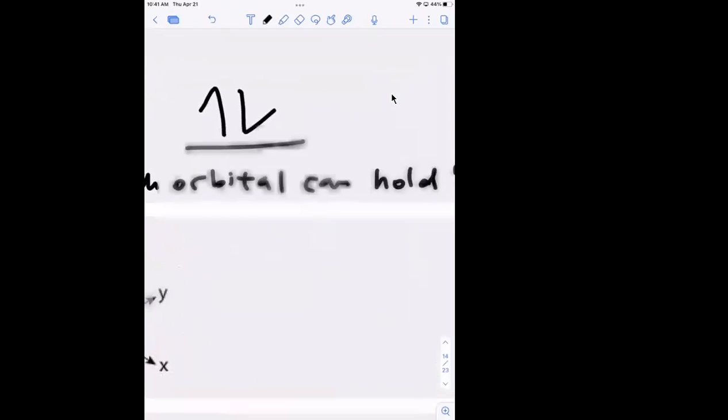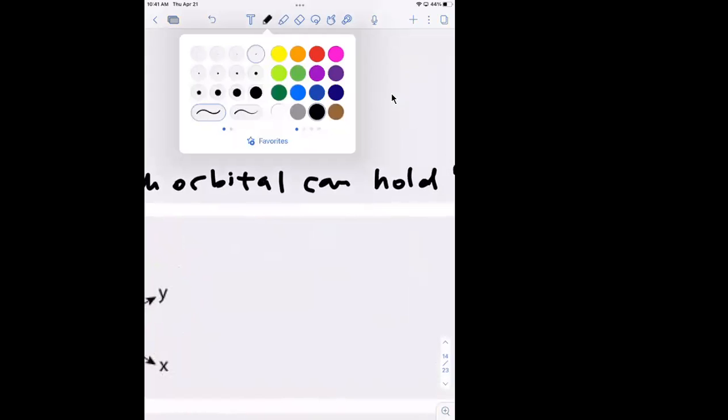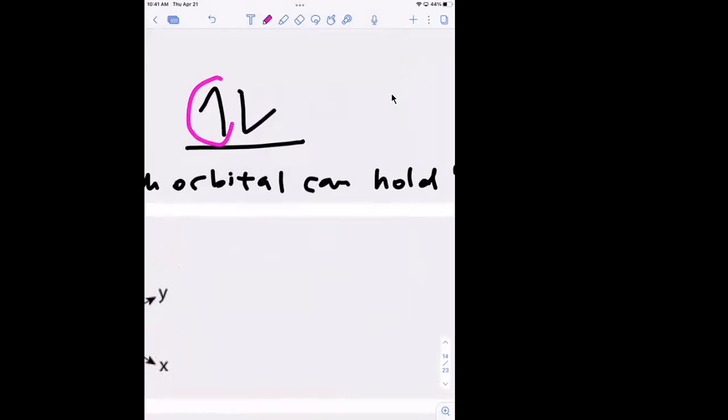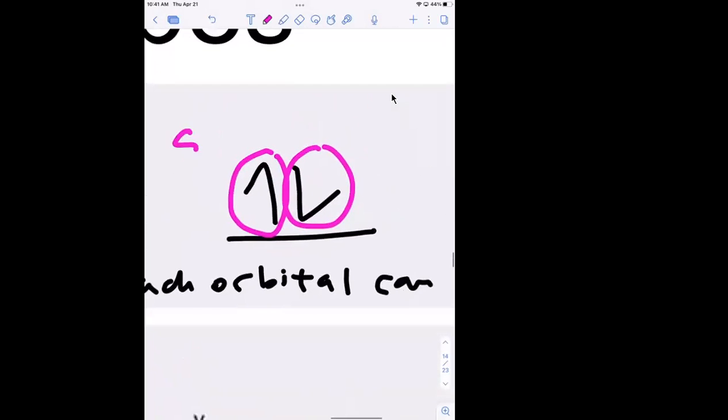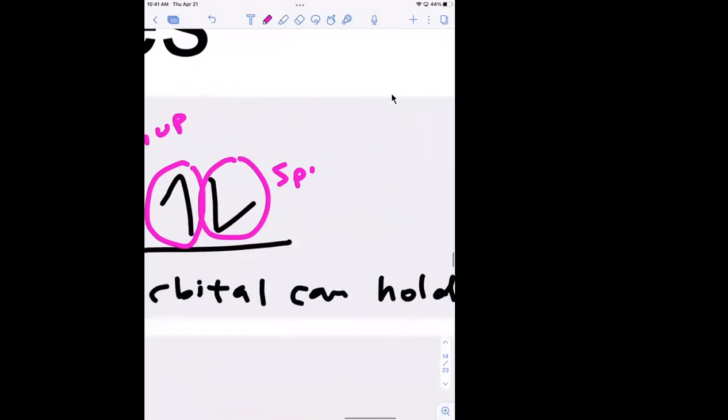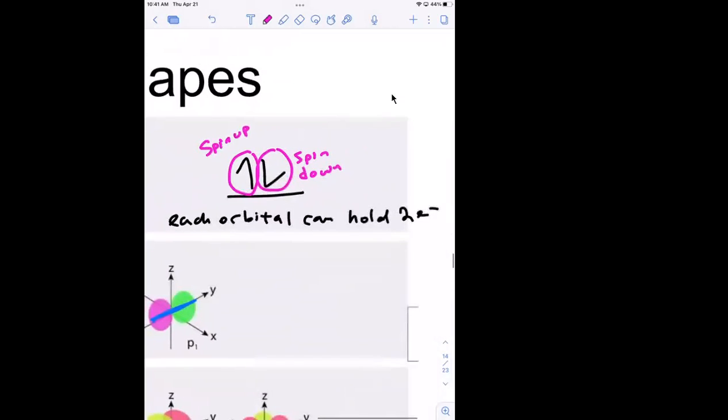Number one, I put them in the same orbital, but also they're what we call paired up. One of them has a spin that's up, and one has a spin that's down. So the electrons are paired up like that. They're always paired up with the opposite spin.